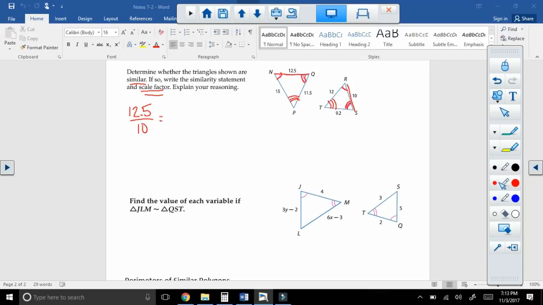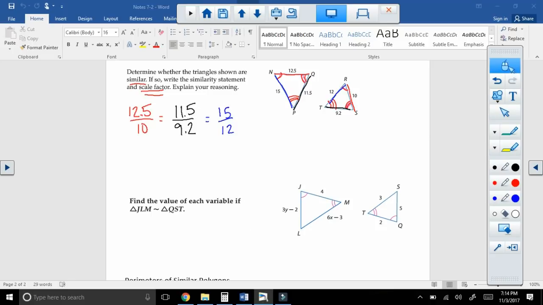I'm going to write the ratio of these other sides now. So this 11.5, another way you could tell is this is the shortest side in this triangle, and that one's going to correspond to the shortest side in the other one, so 9.2. And then lastly, 15 corresponds with 12.